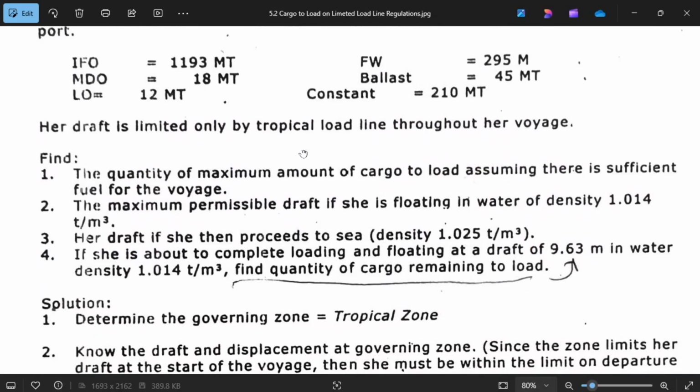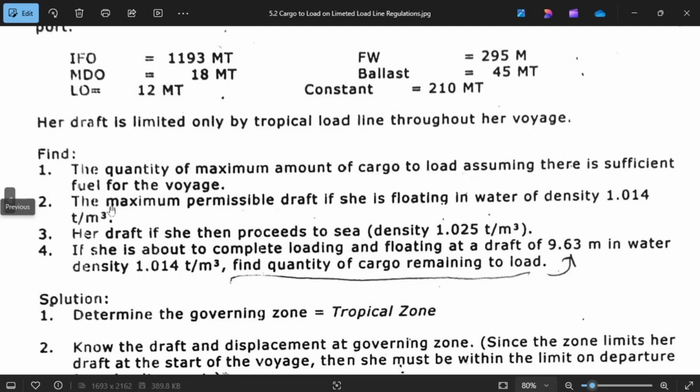Then here's the problem now. Find the maximum amount of cargo to load, assuming there's sufficient fuel for the voyage. So what will be our maximum cargo to load? That is what she meant here. The maximum permissible draft if she is floating in water density of 1.014 tons per cubic meter.